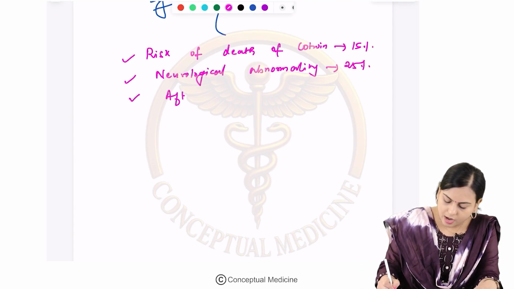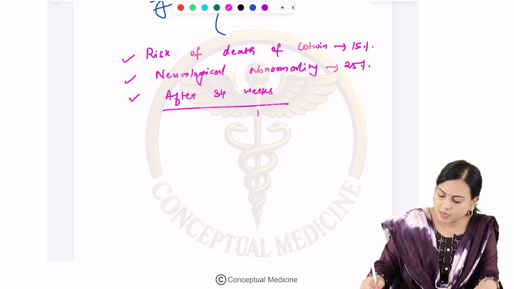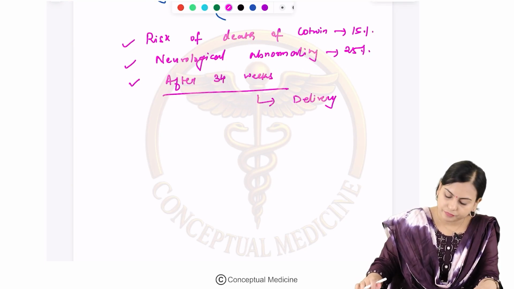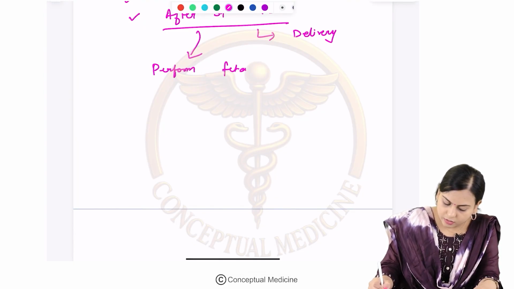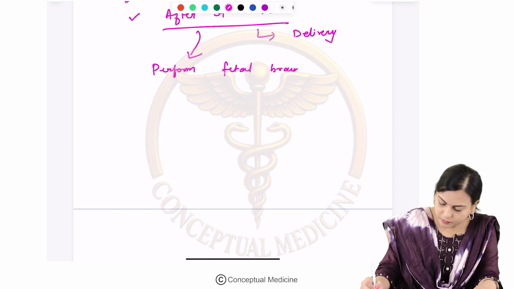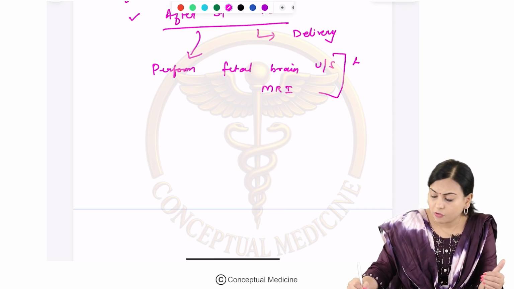After 34 weeks we can plan delivery. And also you have to perform fetal brain ultrasound or MRI 4 weeks after the fetal death.